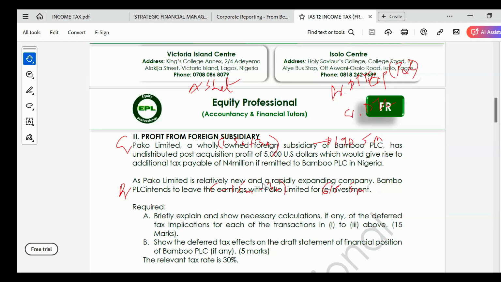If it was an associate investment, the fact that you are saying there is dividend receivable from associates does not mean that your tax authority will pay attention to that. What they will pay attention to in this instance is when you have received that dividend. They won't pay attention to any other thing. So whenever that happens, you will always have permanent difference, not temporary difference. It will not be considered at all.